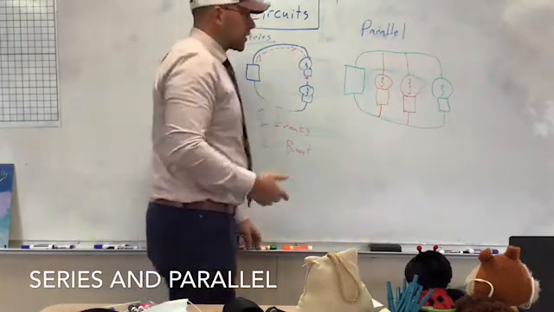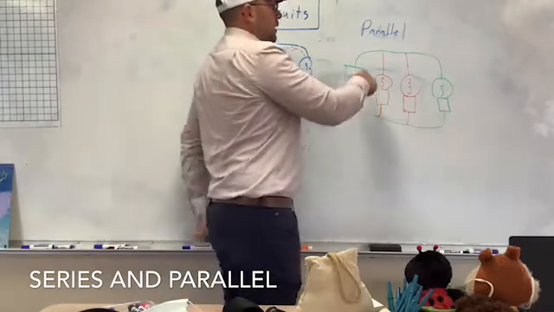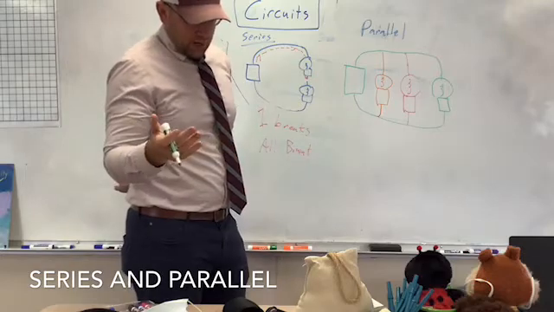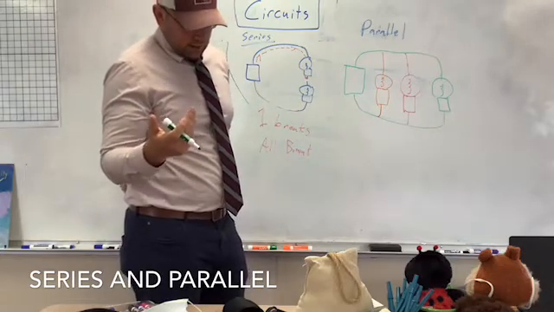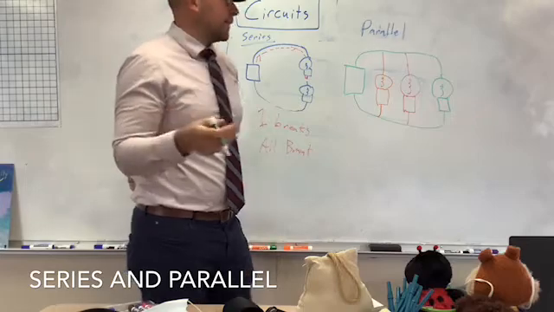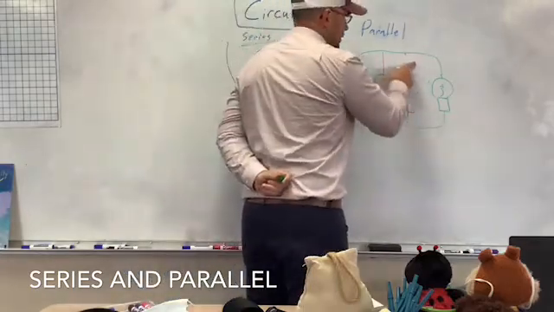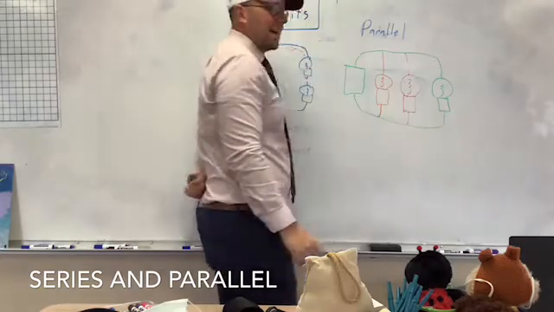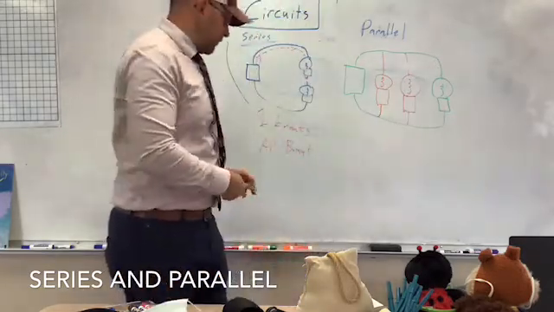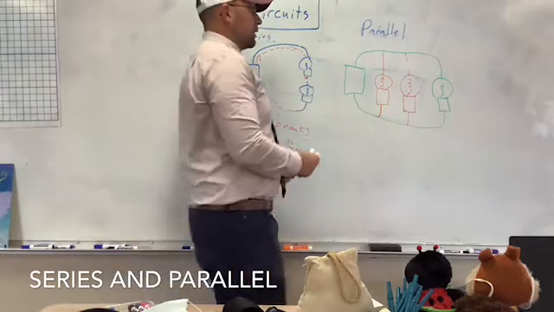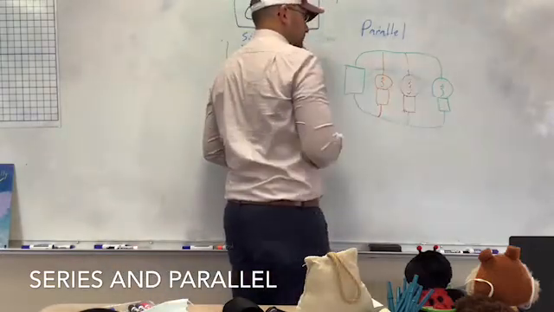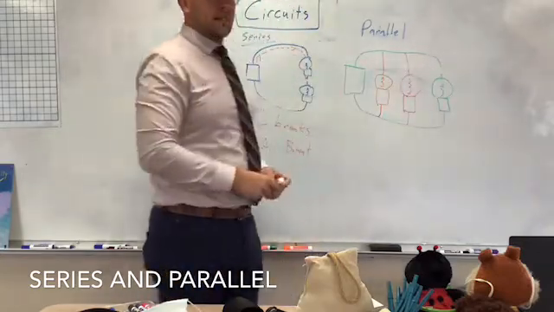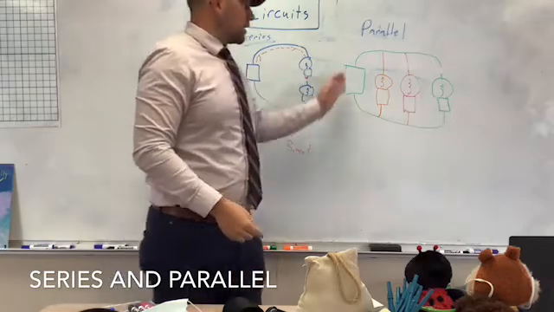There's a parallel circuit. If one goes off, they don't all go off. They can travel through more than one path. If one breaks, others stay on. So if I cut it here, this will go off, but this one and this one will stay on, because it can flow through multiple paths. If I cut this green one back here, the red and the orange will still stay on because it can go through different paths.